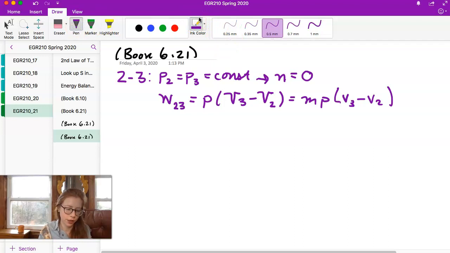Okay, so more interpolation, lots of interpolation in this example.